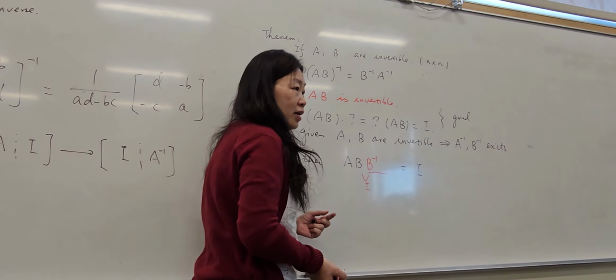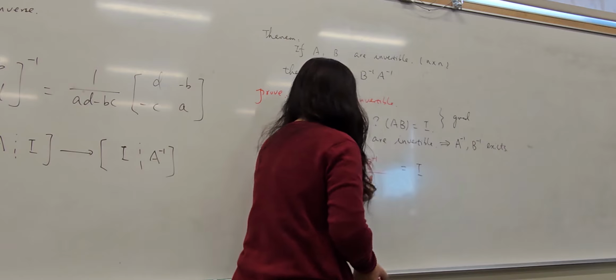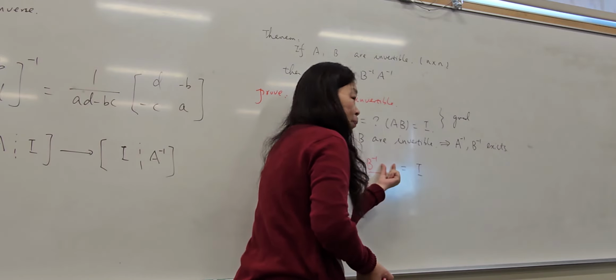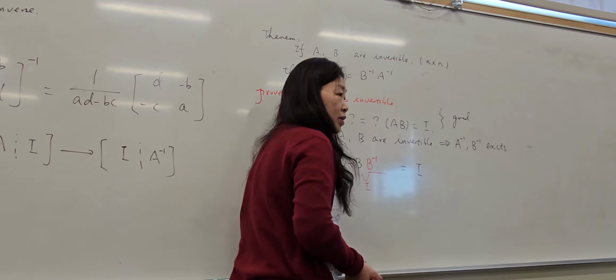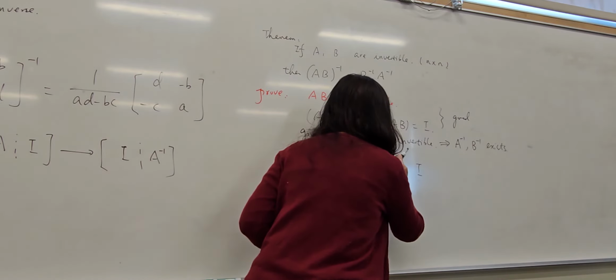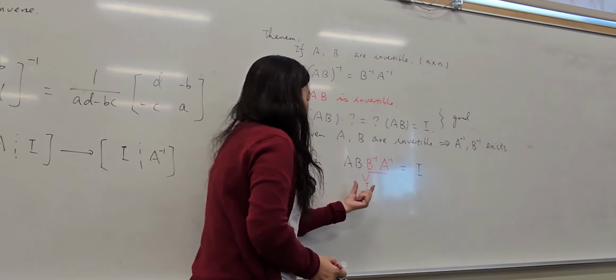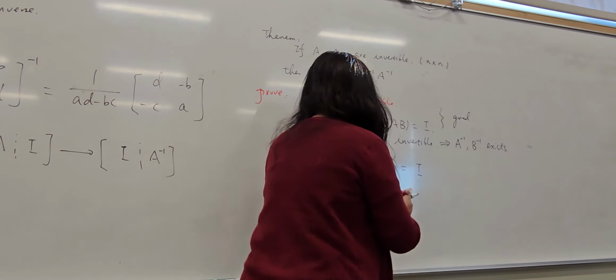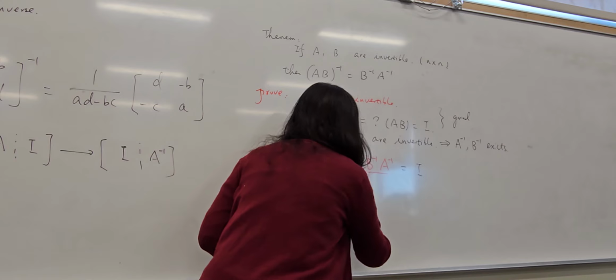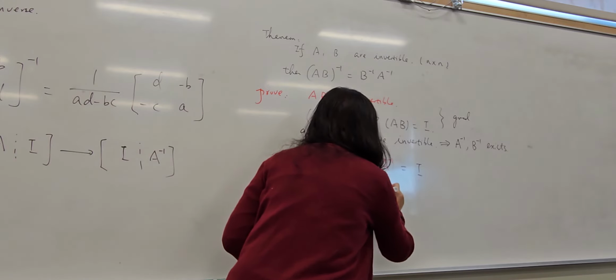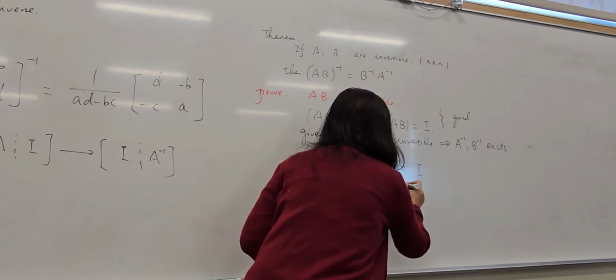Now, if these two become I, then what should I put in the last one to make this A and that one become I? A inverse, that's right. You can see here, this will become A inverse. Is that equal to I?